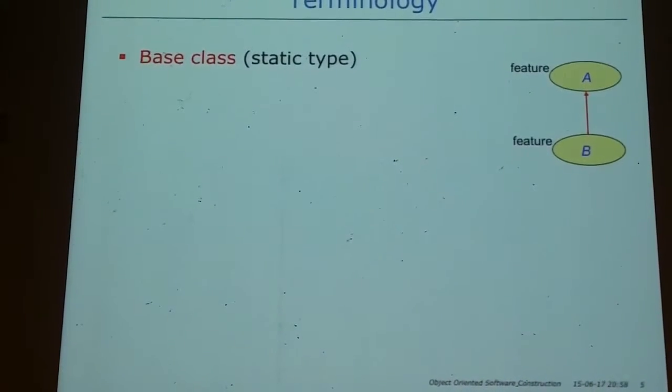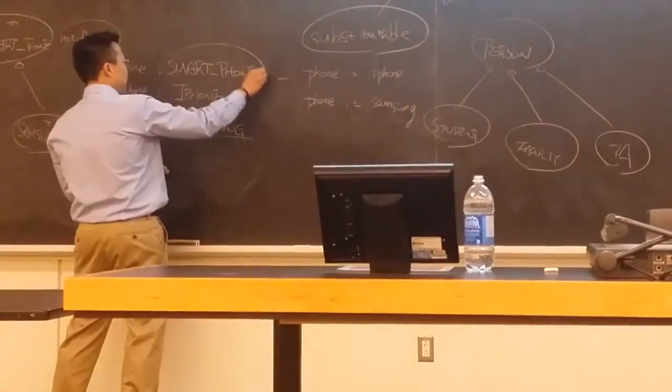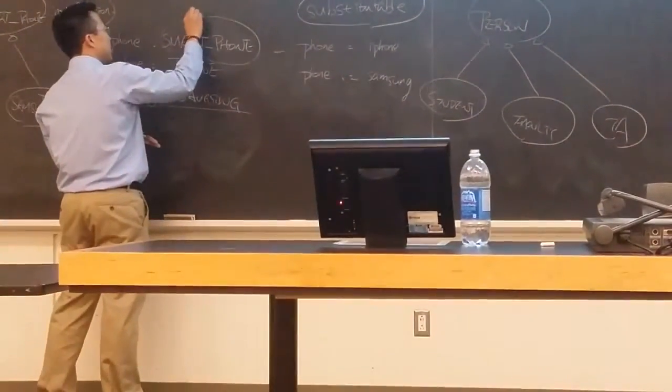Okay, so just some terminology. This slide is a little boring, but basically you just have the base class. Base class is important though. Smartphone, this class here, is said to be the base class.